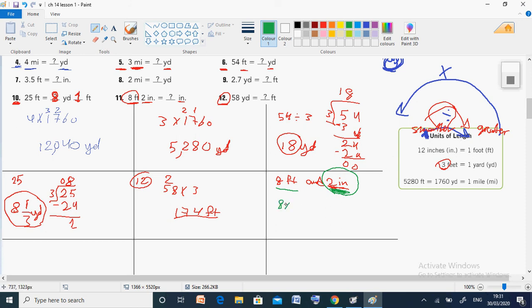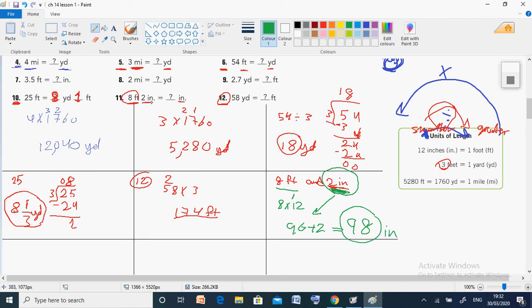So 8 times 12. 8 times 2, 16. 8 times 1, 8 with 1, 9. So 96. So 8 times 12, 96 inches. And we have 2 inches before. We have to add them. So the total answer becomes 98 inches.